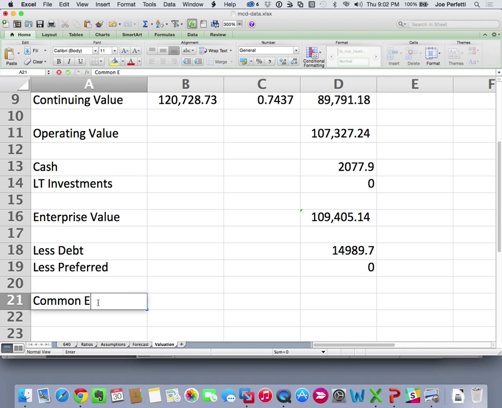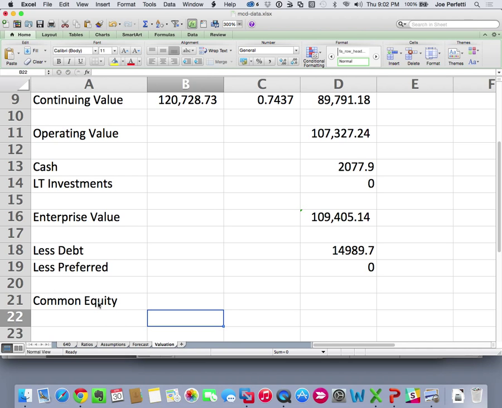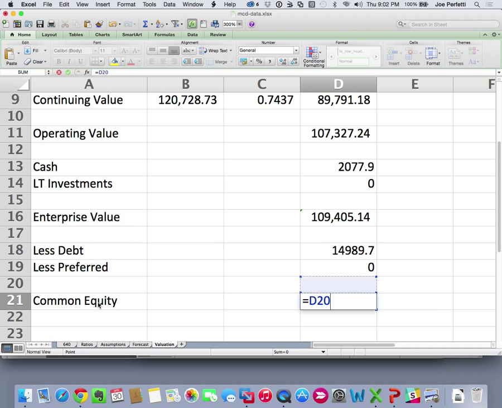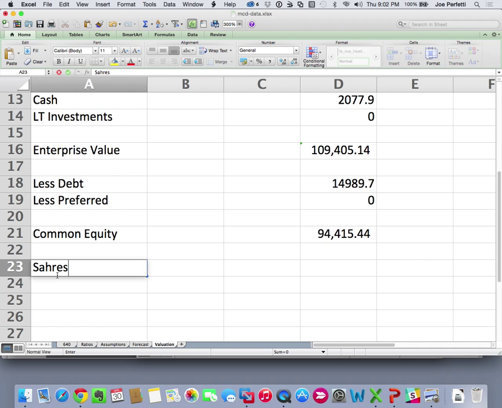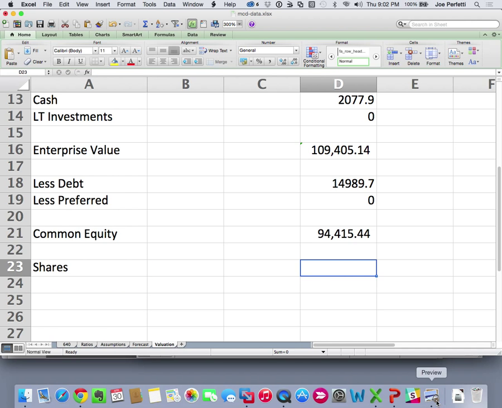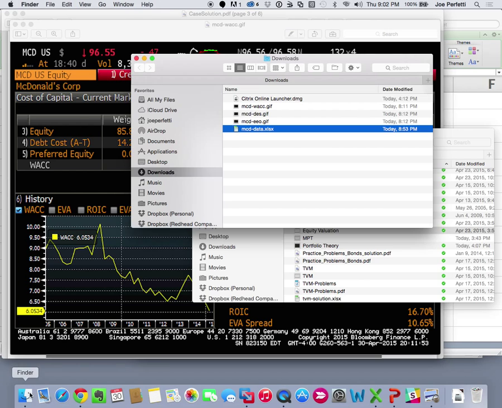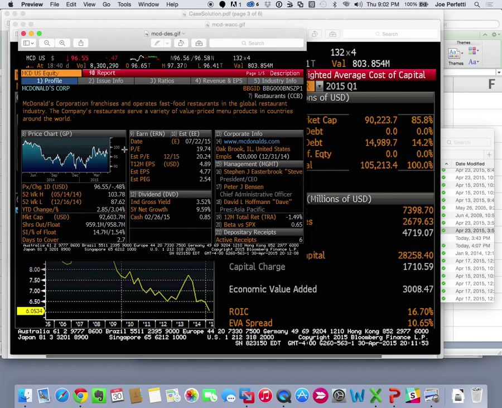Common equity, which is the enterprise value minus the debt and the preferred. And then basically shares. That was the other screenshot I took in Bloomberg. Shares outstanding for McDonald's today, 959.1 million.